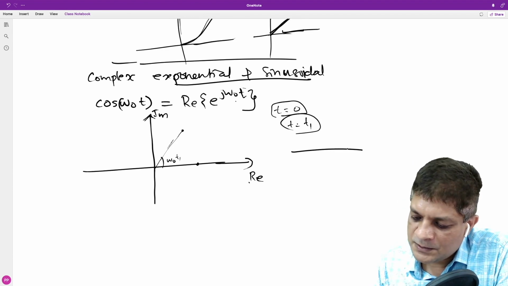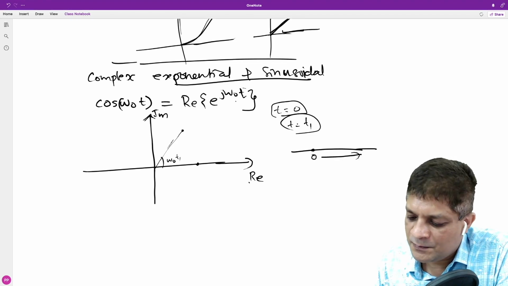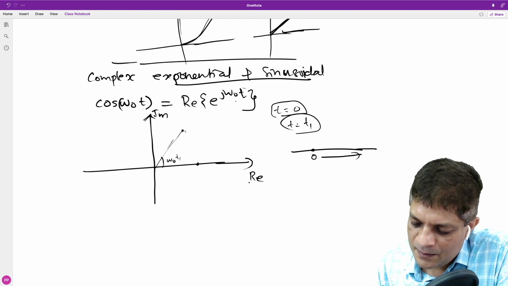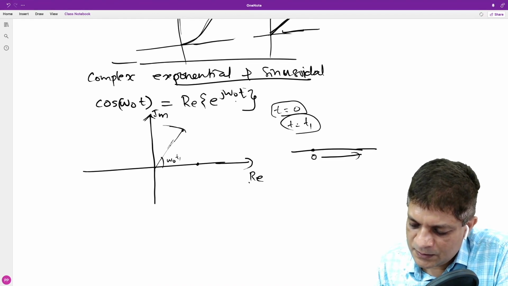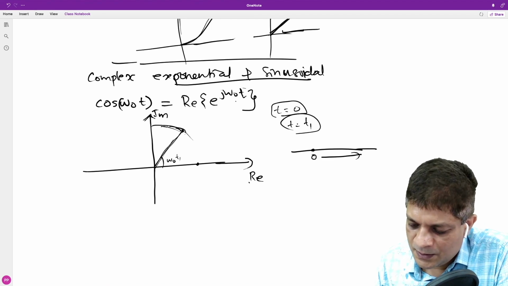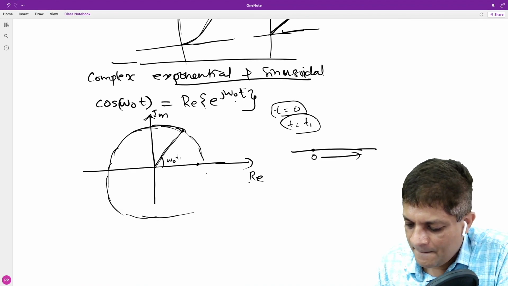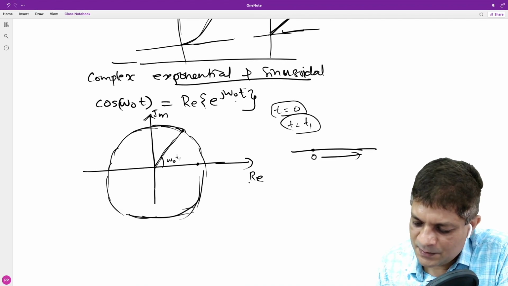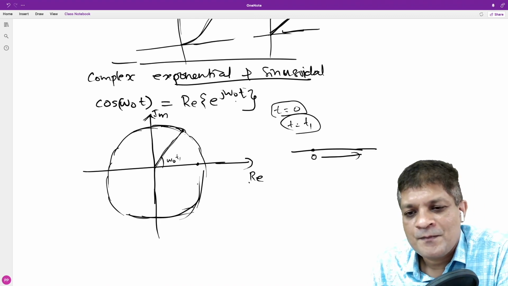Now, if we sketch the values starting from 0, for all the values of t, then what about this length? This is 1, isn't it? So can we say that it is a phasor rotating in which direction?